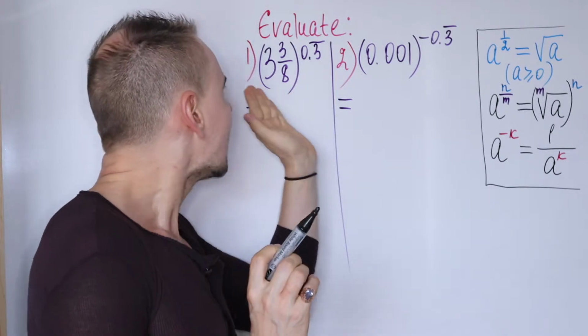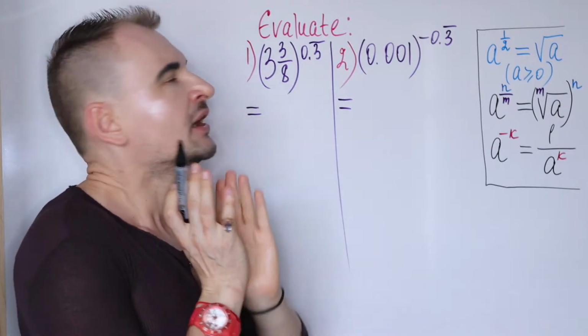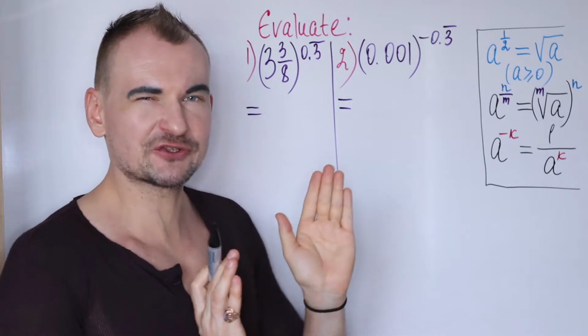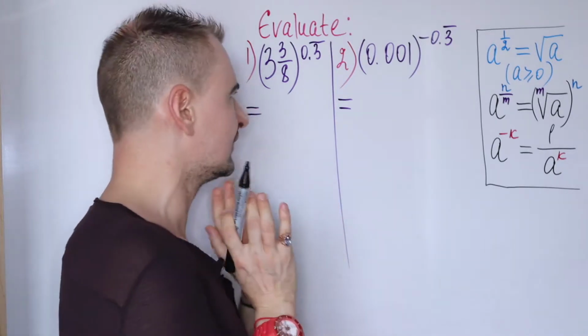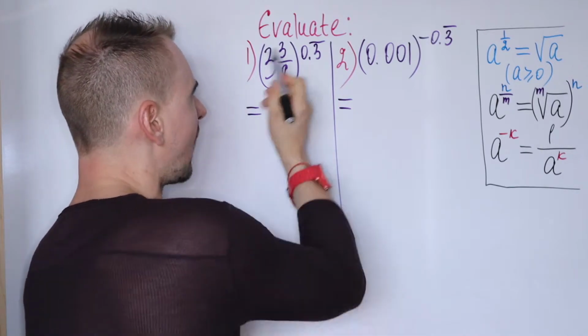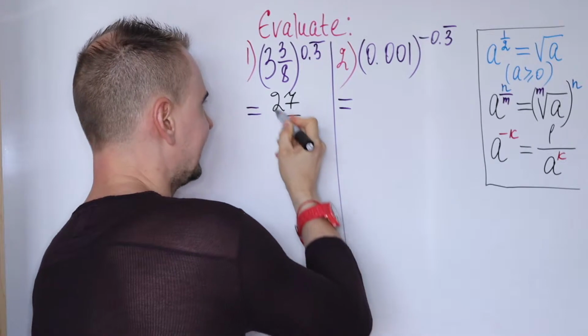Now, first of all, let's convert this base into an improper fraction. Your base is a mixed number, so let's convert it into an improper fraction. So 3 times 8 gives you 24, plus 3 gives you 27 over 8.